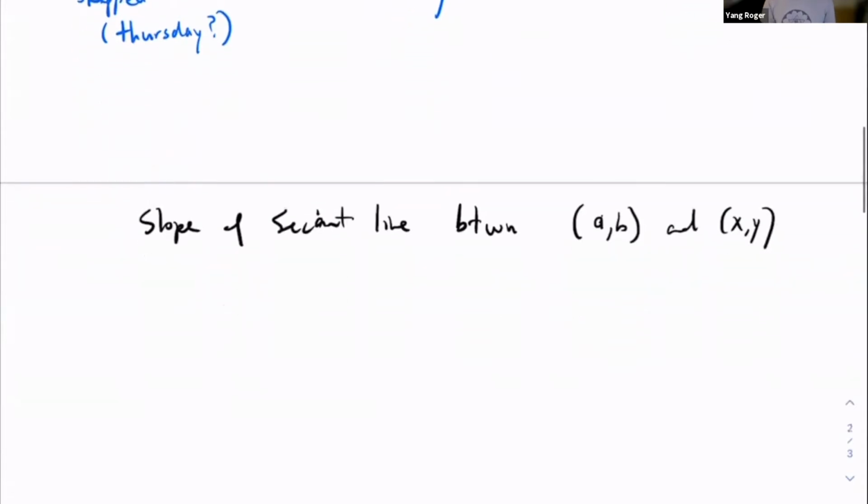We saw that that's just the slope, right? So the slope m is equal to delta y over delta x. That's equal to y minus b over x minus a, right?